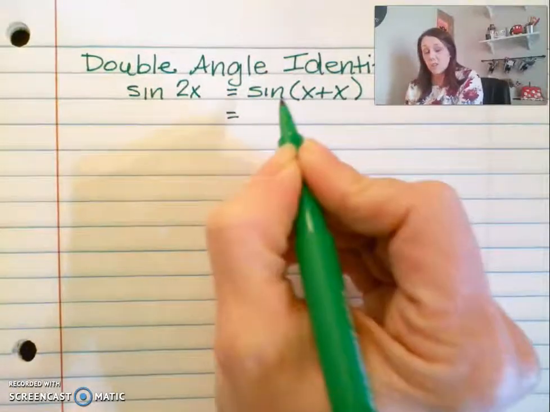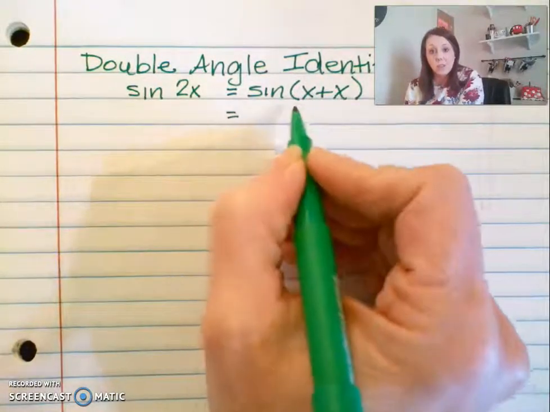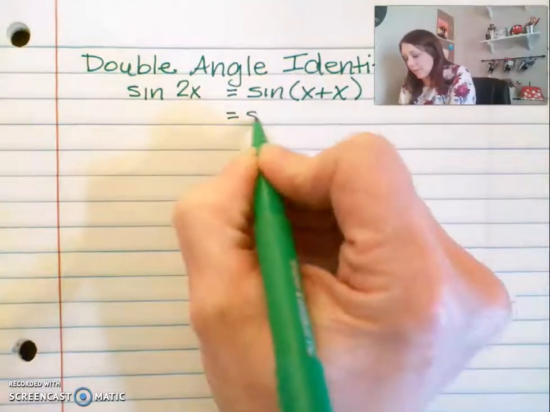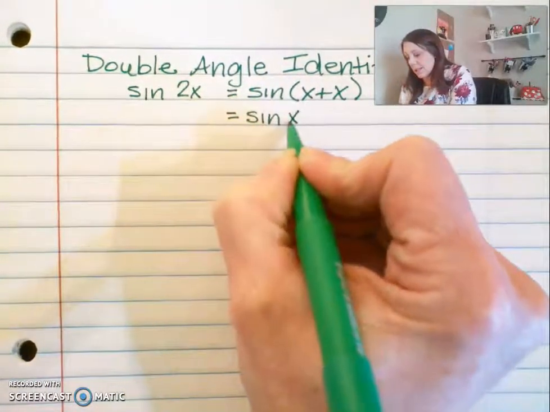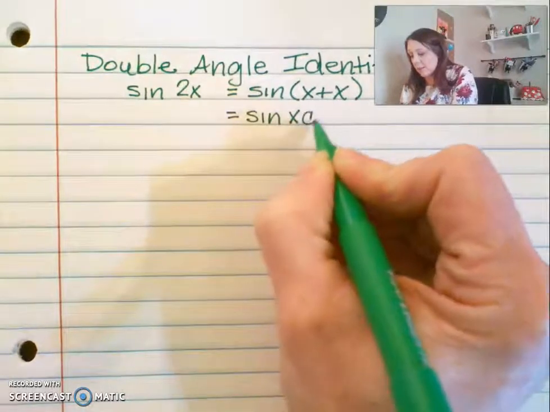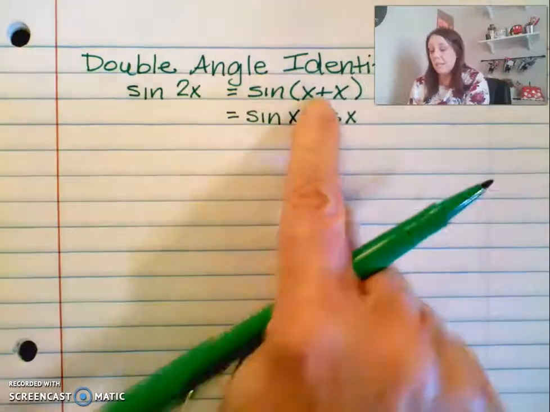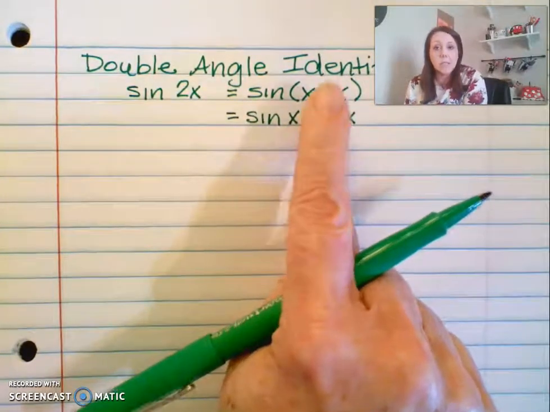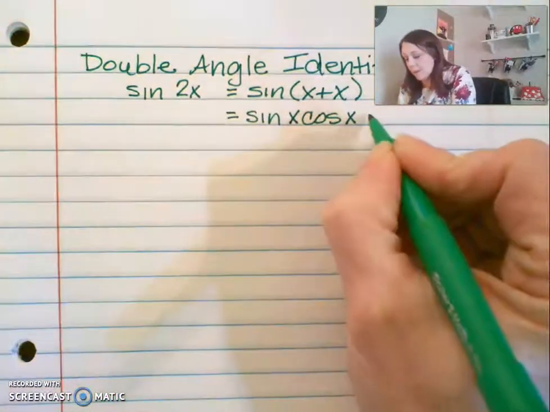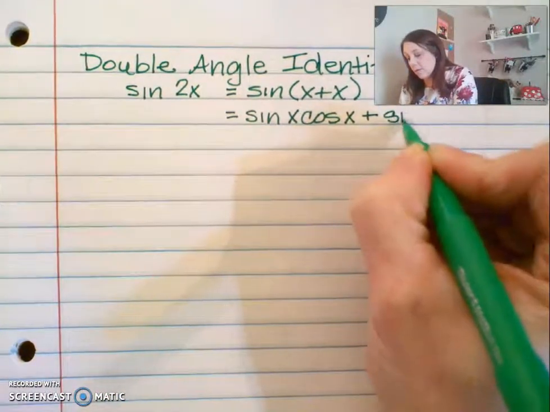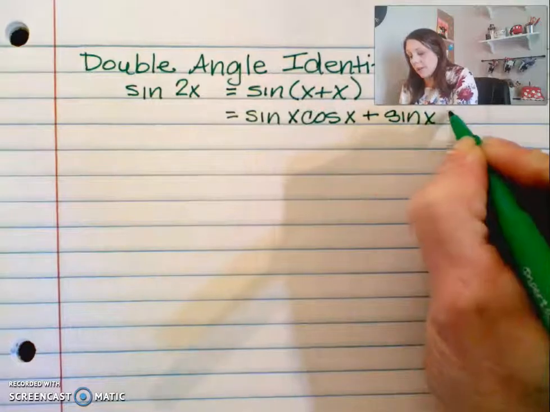Remember, the sum expansion says you take the sine of the first angle times the cosine of the second angle. So in this case, the sine of the first angle times the cosine of the second angle. We keep the symbol, so in this case, because this is a sum, we keep it a sum. And then we take the sine of the second angle times the cosine of the first.